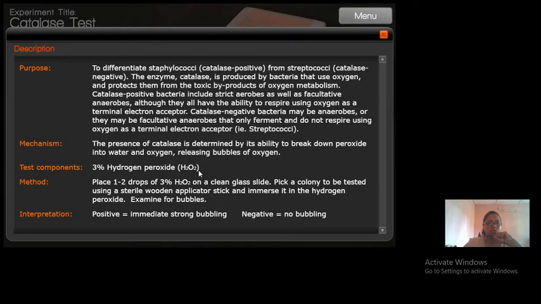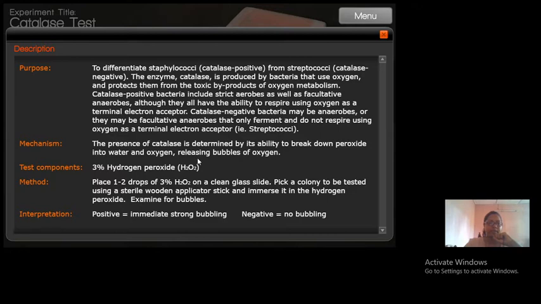If catalase enzyme is produced by the bacteria, it will break down the hydrogen peroxide into water and nascent oxygen. Now this nascent oxygen is an unstable form of oxygen, so immediately after it is formed, it will leave in the form of bubbles. So you see immediate bubble formation, and that is the positive interpretation of the test.